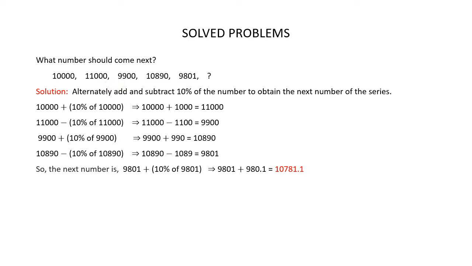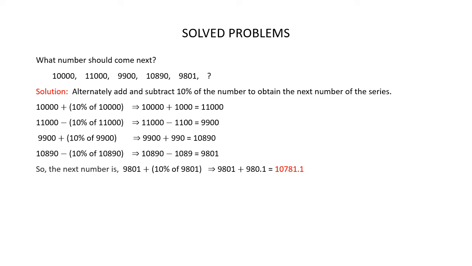But here there are no two series in this number series, but two different types of operations are performed. Here alternately you have to add and subtract 10% of the number to obtain the next number of the series.